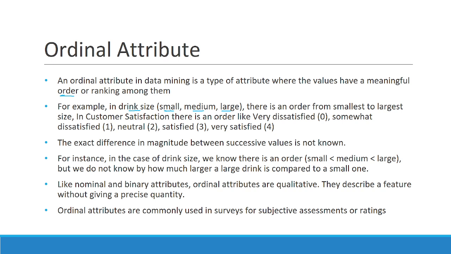If you take hair color, it can be black, brown, gray. Now the same hair color, if you represent it like gray, black, brown, it will not make any difference if you represent this in any order.